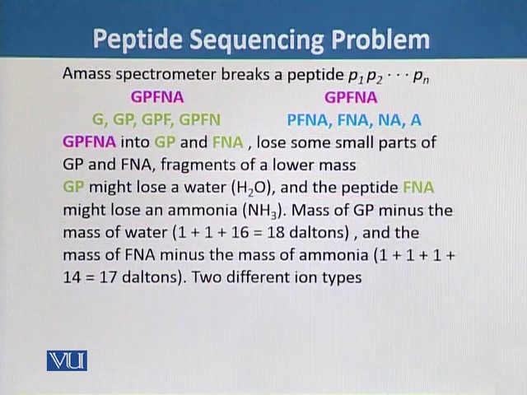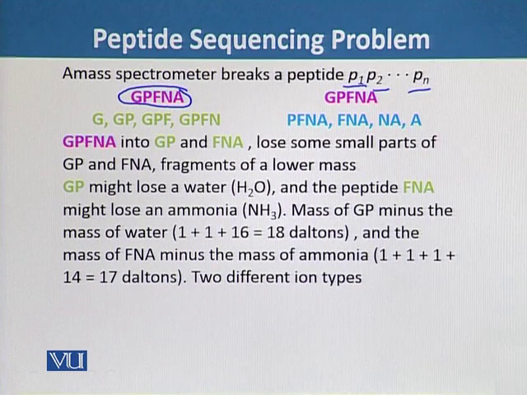A mass spectrophotometer typically breaks the peptides into further smaller fragments, P1, P2 up to Pn, at different peptide bonds, and detects the masses of the resulting partial N-terminal and C-terminal peptides. For example, take the peptide GPFNA, where each letter represents an amino acid.